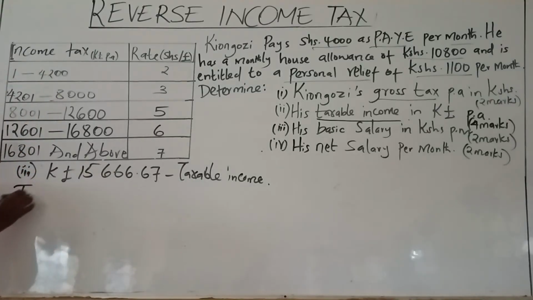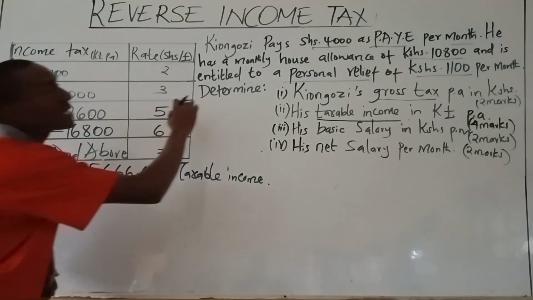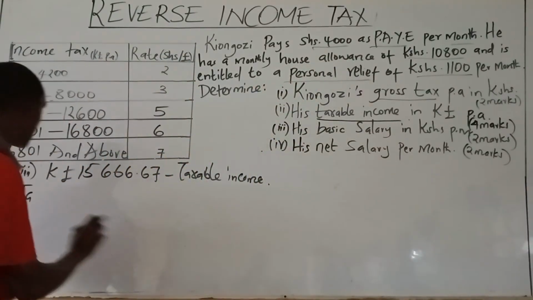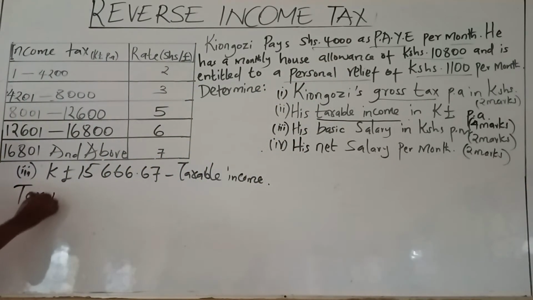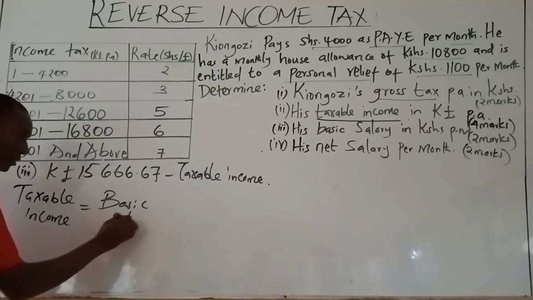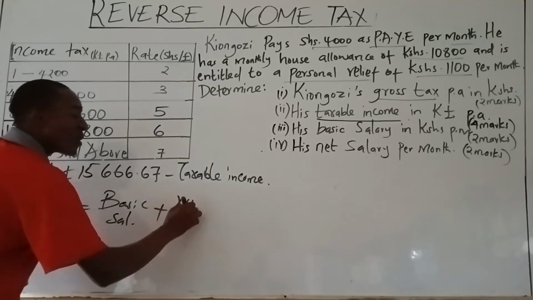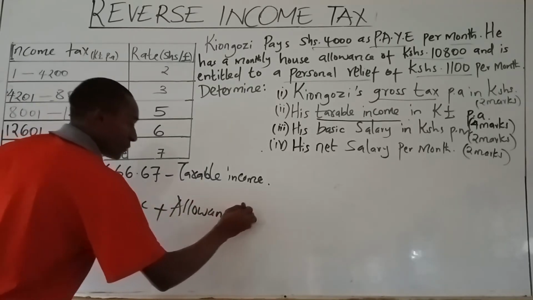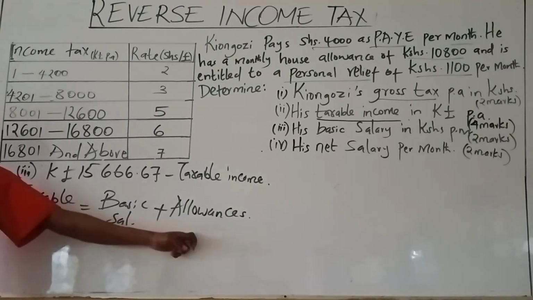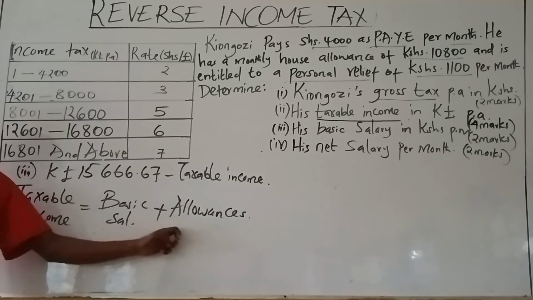Actually in our question, there is nothing like being housed. What he has been given is the house allowance only. So we shall say taxable income is equals to basic salary plus allowances. We have the taxable income, we don't have basic salary, we have the allowances. So we make basic salary the subject of the formula.